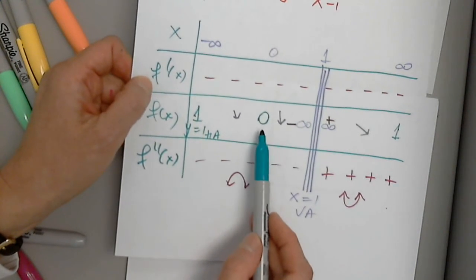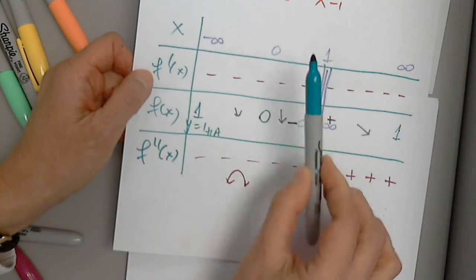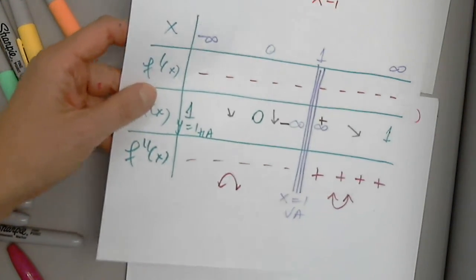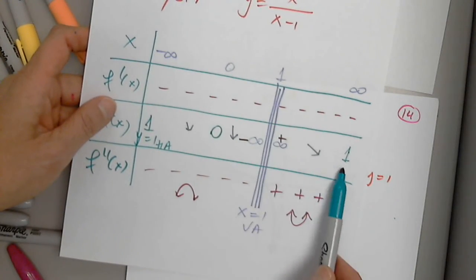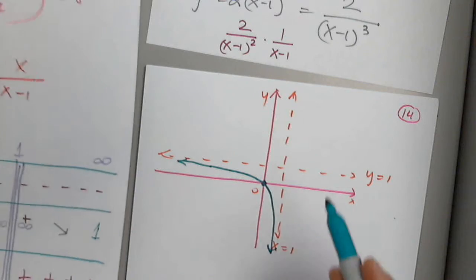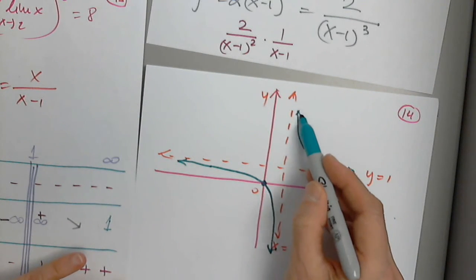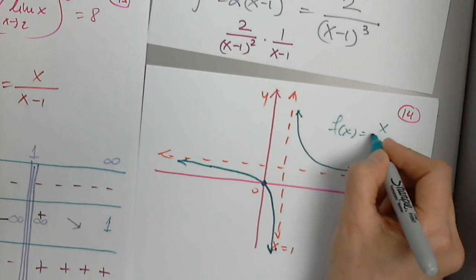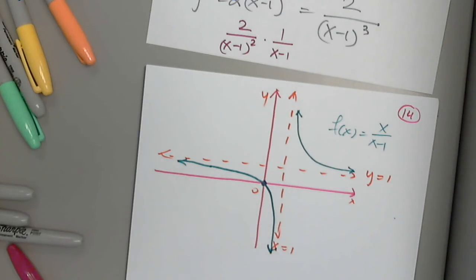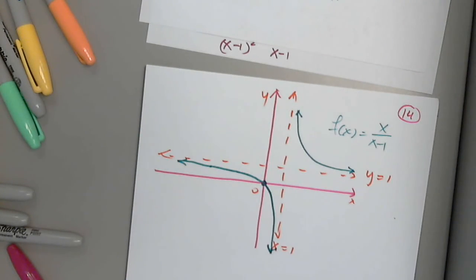On the right-hand side, coming from positive infinity, decreasing to 1, opening upward. And this is the function f of x equals x over x minus 1. All the information is in our table. We do not need to do anything else or look anywhere else.